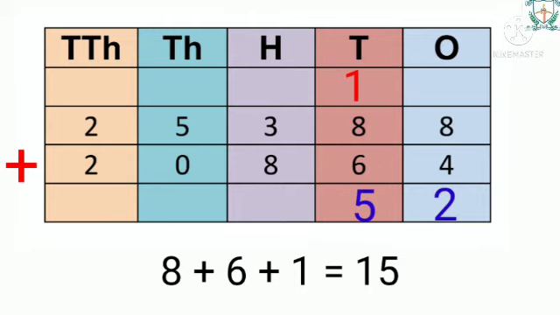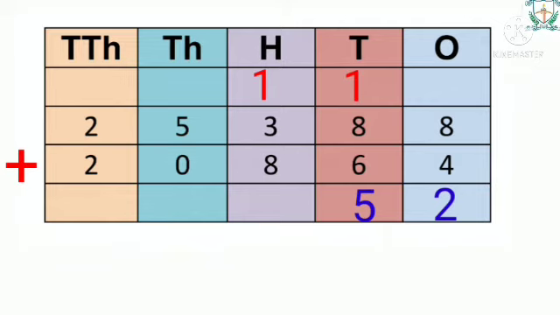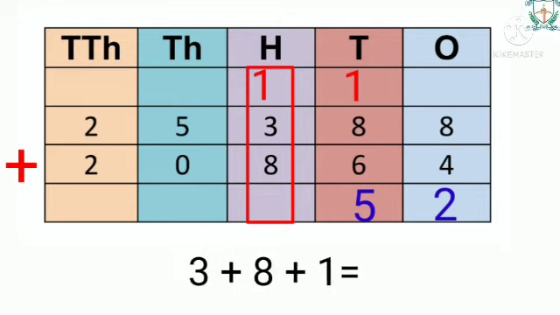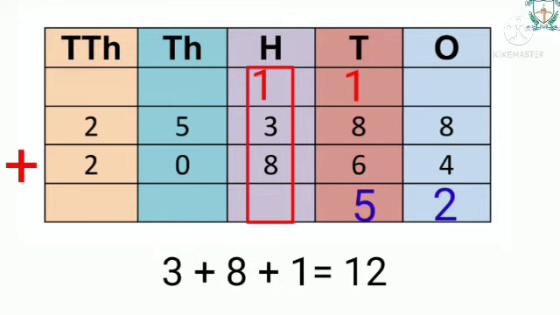Write 5 in tens place and carry forward 1 to the hundreds place. Now, add the digits in hundreds place. That is, 3 plus 8 plus 1, which is equal to 12. Write 2 in hundreds place and carry forward 1 to the thousands place.